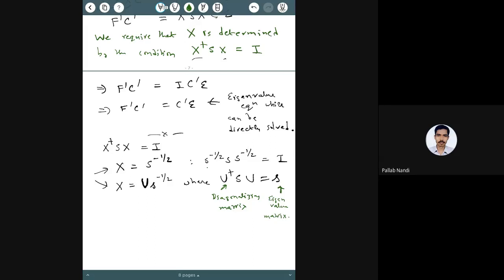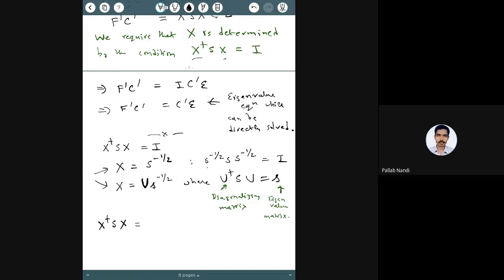But if you take X equal to U s to the power minus half, where small s are the eigenvalues of capital S and U is the diagonalizing matrix of capital S, you will also satisfy X dagger SX equal to I. So let's see what happens.